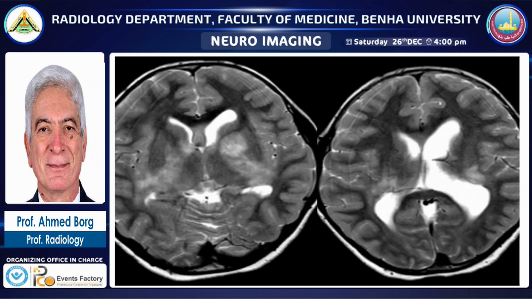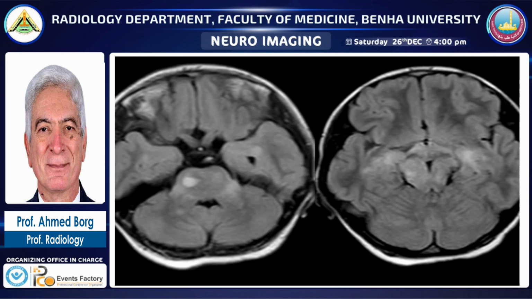Here again, this is T2 weighted image. You can see there are focal hyperintense areas here in the basal ganglia, and on the other side also, thalami and basal ganglia. Hyperintense areas are seen also on FLAIR image.